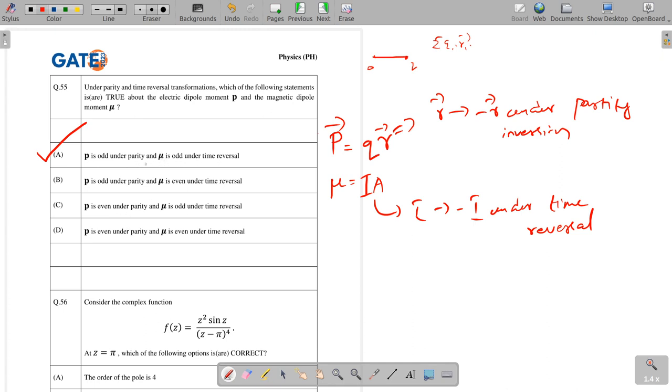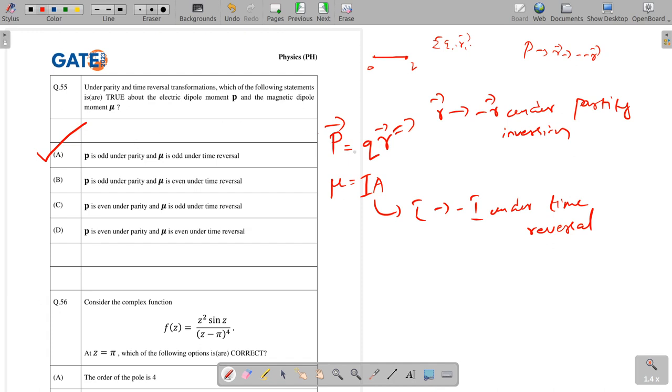So for P, since it contains a position vector, consider what parity does. If P is the parity operation, it flips R to minus R, right? That you should be remembering: it flips the coordinate position vector from R to minus R. It's a space inversion.